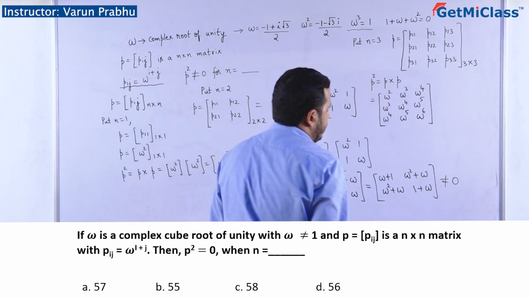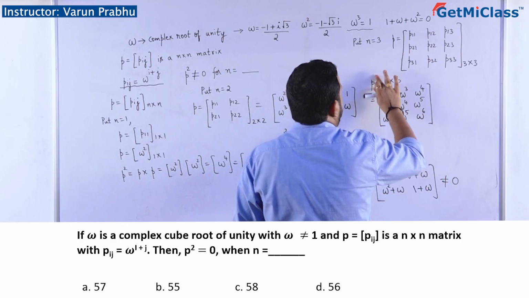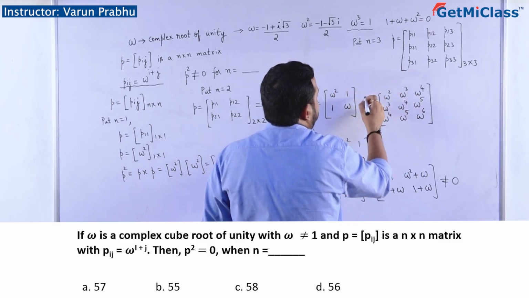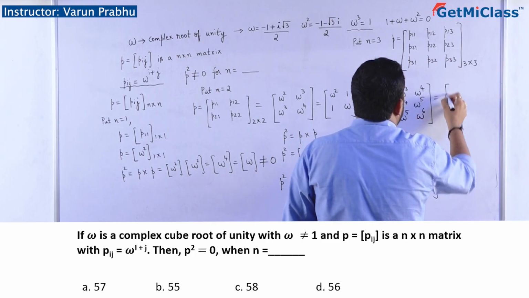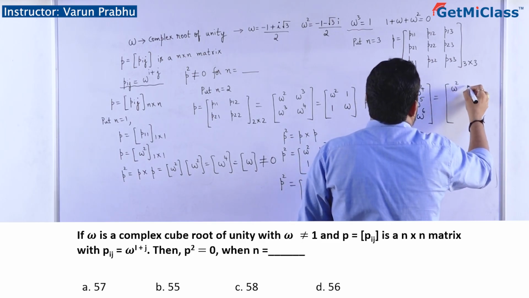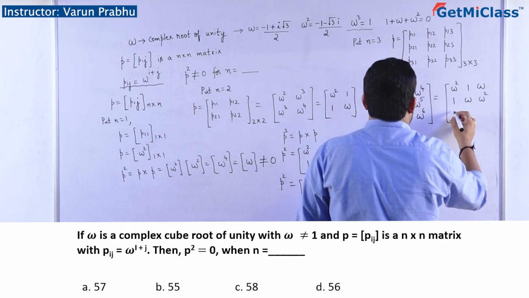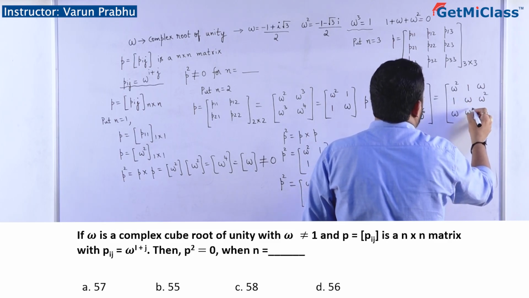This can be further simplified to omega square, 1, omega, 1, omega, omega square, and omega, omega square, 1.